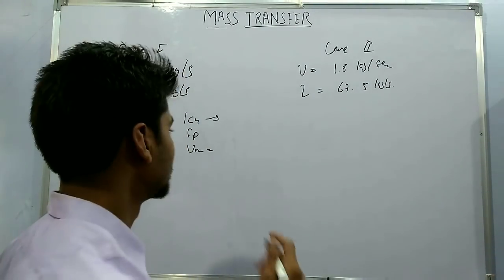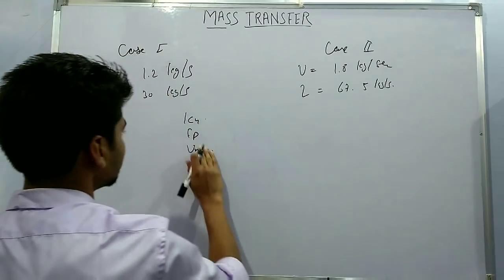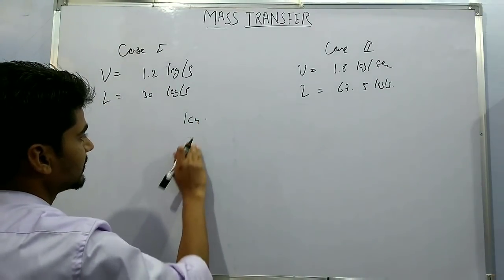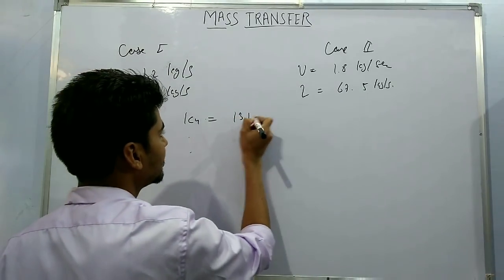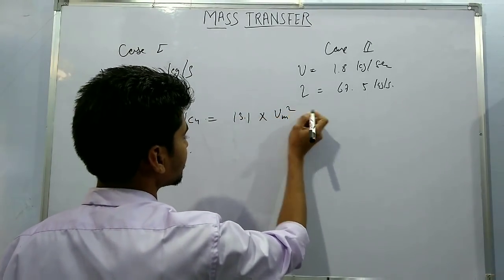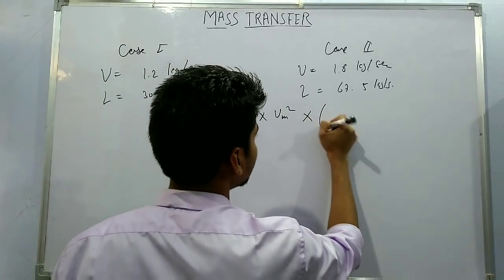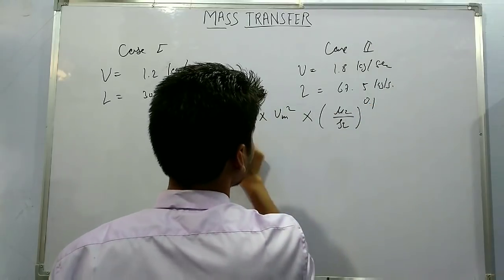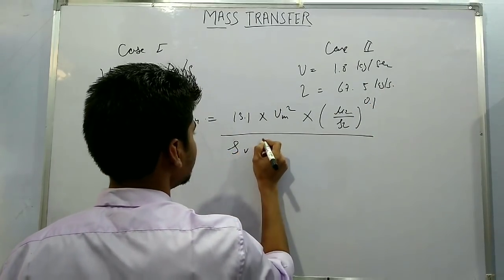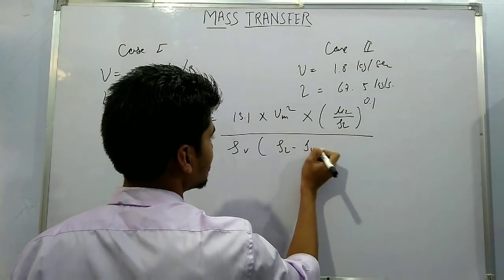VM, the gas flow rate per unit area, and of course the vapor density and liquid density of the fluids. So here we know the relation between K4 and VM is, K4 is given as 13.1 into VM square into (mu L divided by rho L) raised to power 0.1, whole divided by rho V into (rho L minus rho V).